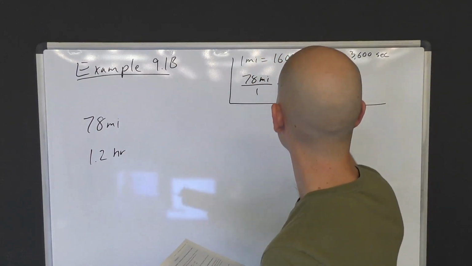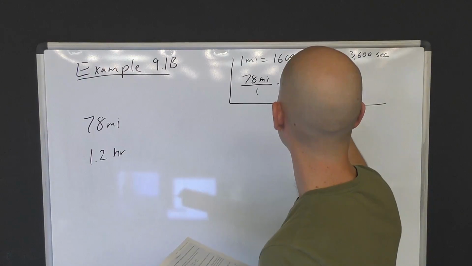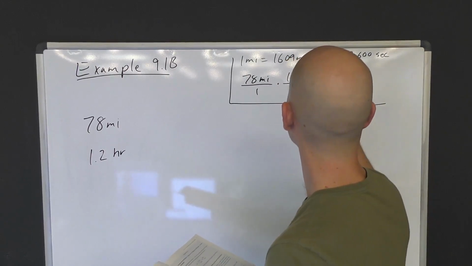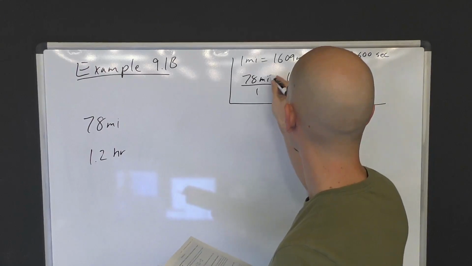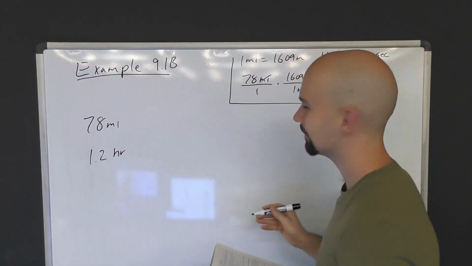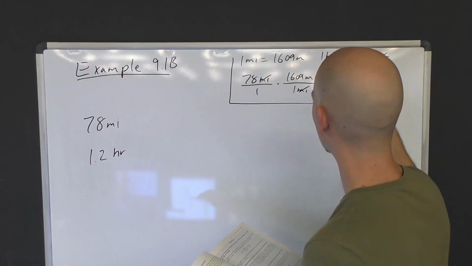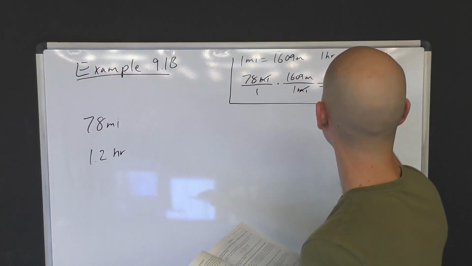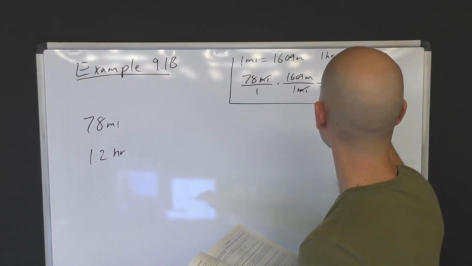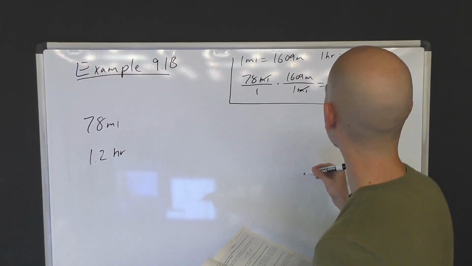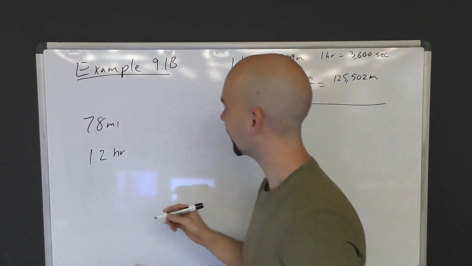All right, so times 1609 meters, which is the unit we want, and that's over 1 mile. And when we multiply this out, I'll save you the time and just let you know that if you entered that in the calculator or multiplied it out by hand, you would get 125,502 meters.